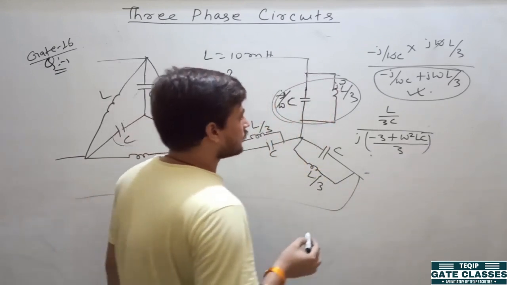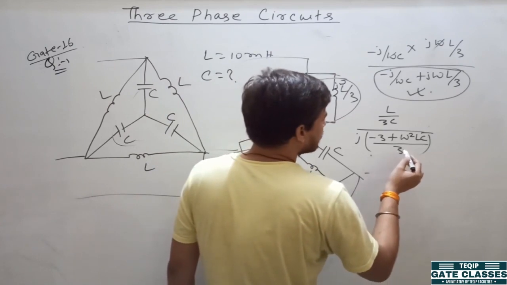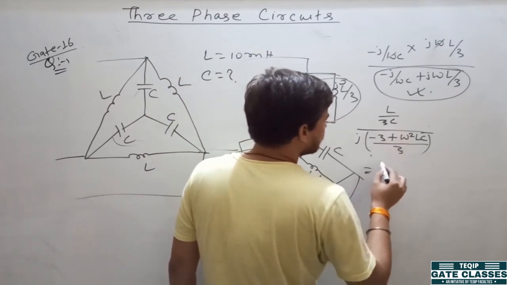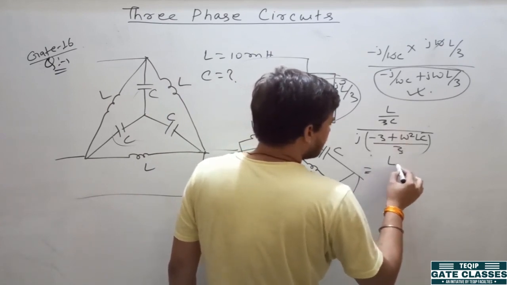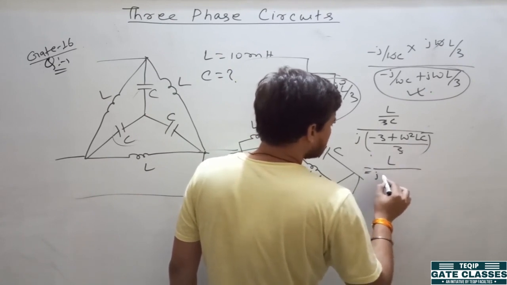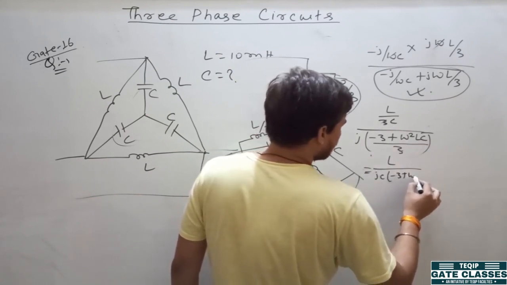So the 3 will be cancelled out, and it will be L divided by jC into minus 3 plus omega square LC.